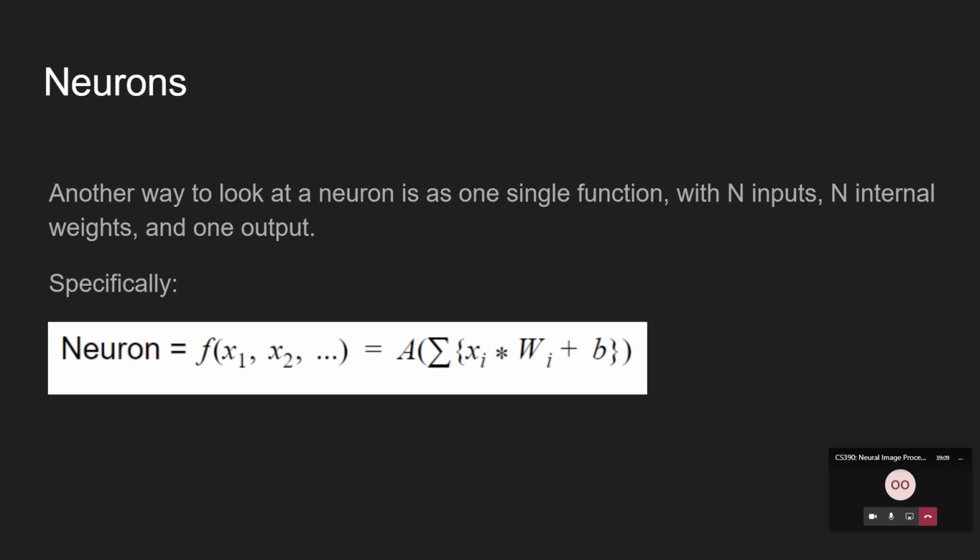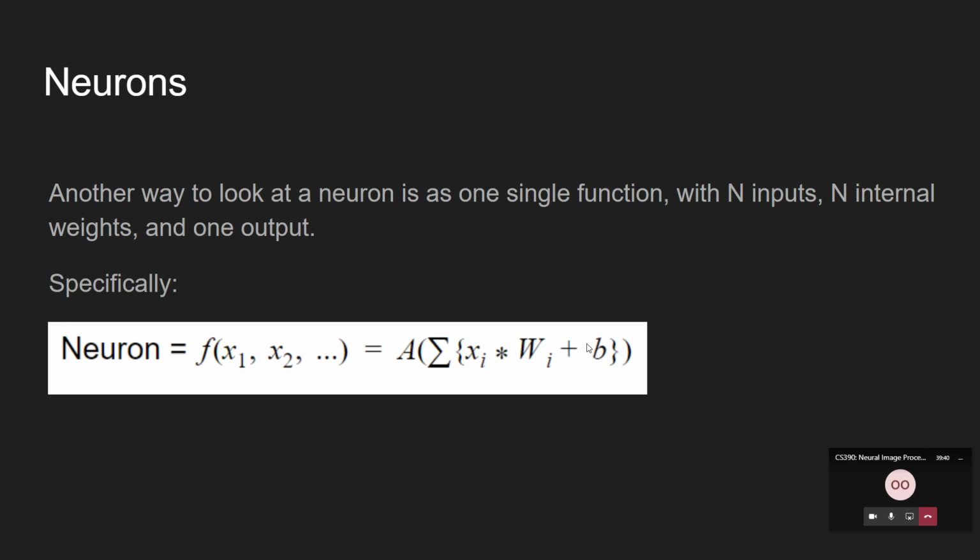But another useful way to look at it is as a mathematical function. So in this case, our neuron, which we're going to call f of x1 through n, for however many inputs it has, is going to equal our activation of our sum of our x's multiplied by our w's plus b. That's our bias term.